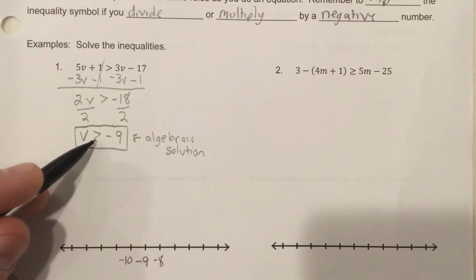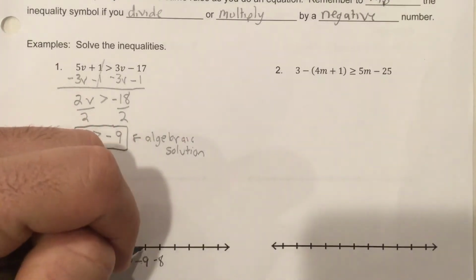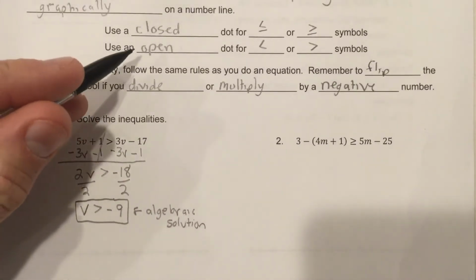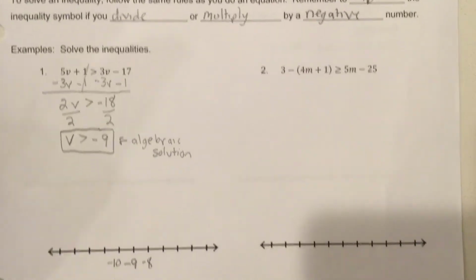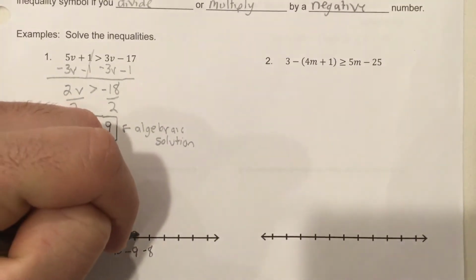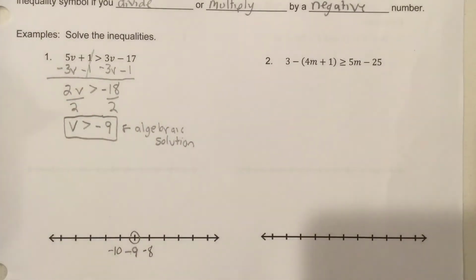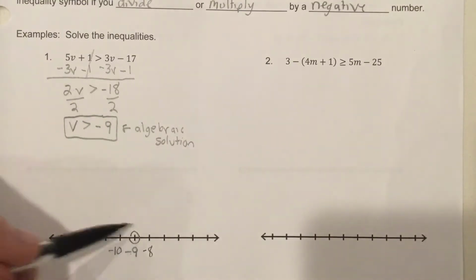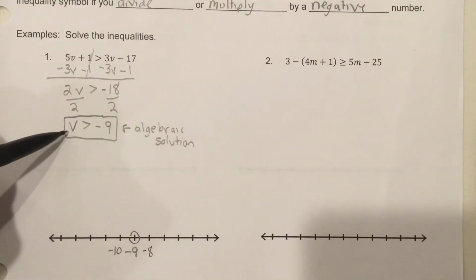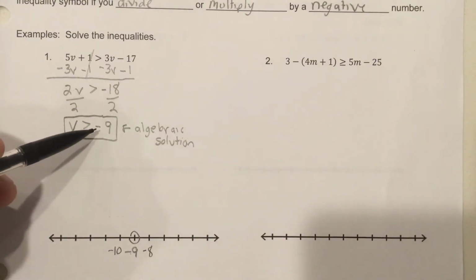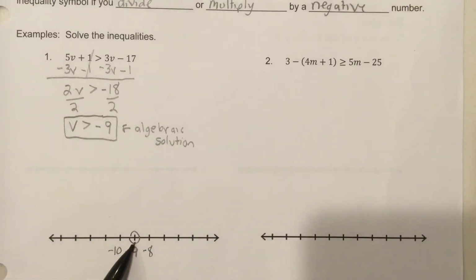And so remember, I do not have the equal to, and that means it's an open dot. And again, we got that from right here, open dot when it's less than or greater than. So an open dot on -9. And then I'm just trying to think about this. If I read this inequality, it says v is greater than -9. Well, which way is greater than -9?